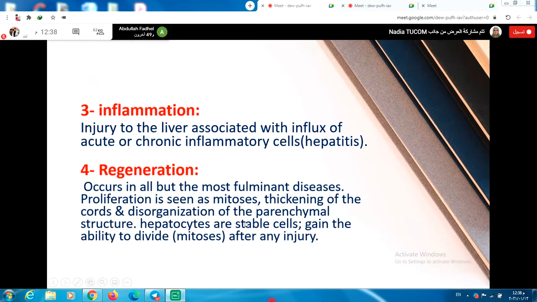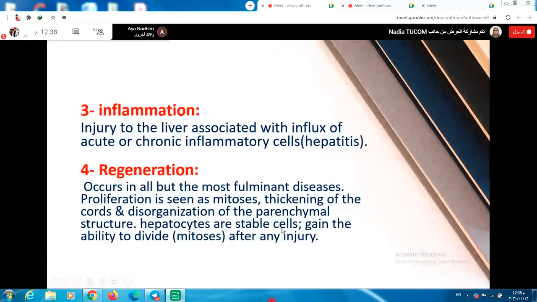Endothelial cells are replicating or regenerating whenever there is a skin wound, for example, and granulation tissue formation. Hepatocytes are also stable cells that have the ability to divide after injury or after damage.